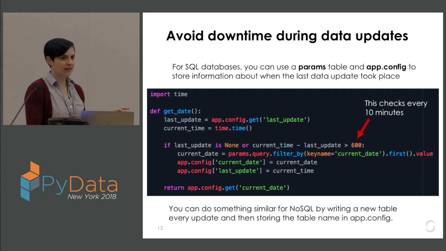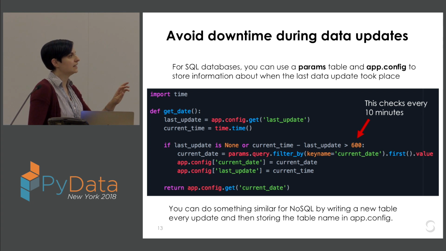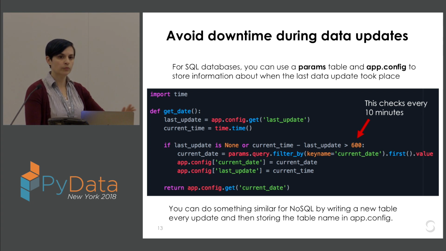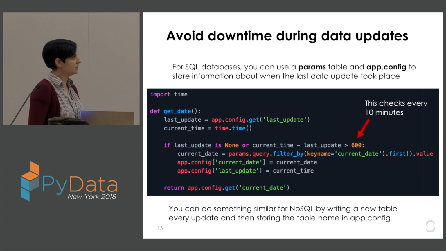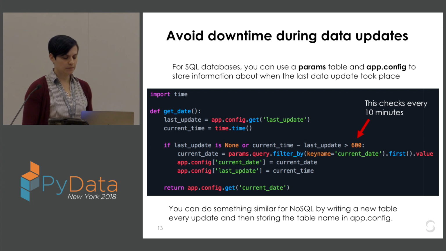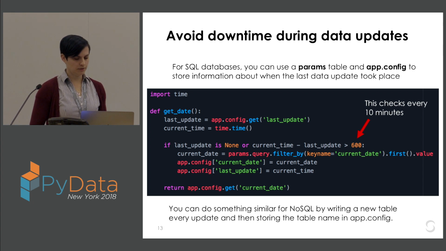I go to this tiny, easy-to-query table, query it for whatever the current date is, and then store that information. Then in my API, when I'm defining my endpoints, I just access this config, or I can run this getDate function. I get this date every time, so then I can put that in my queries.